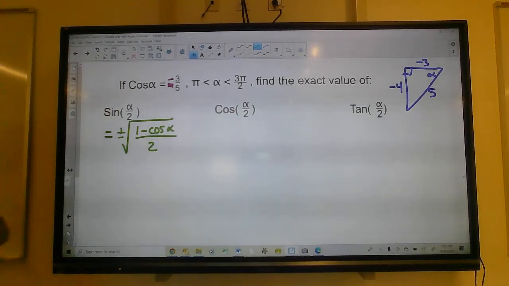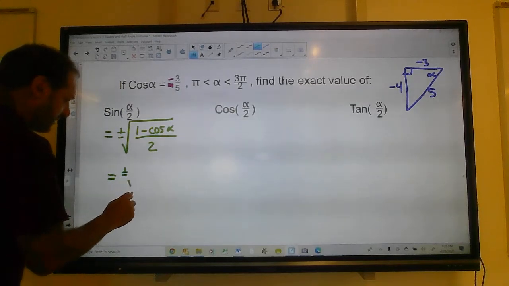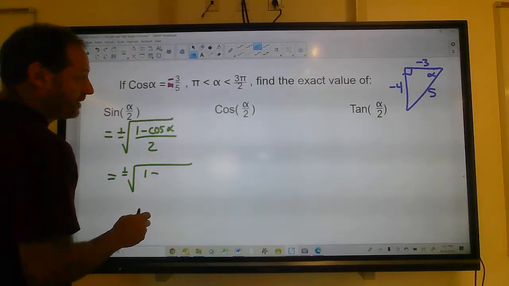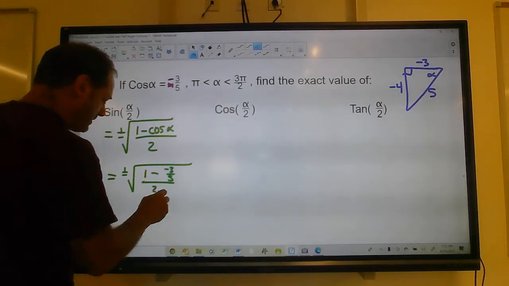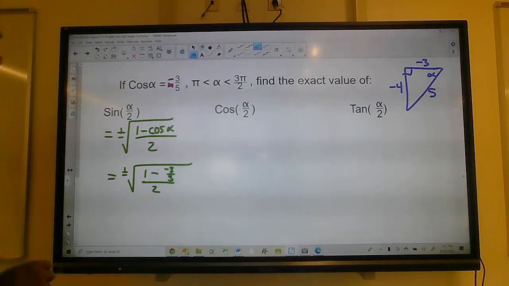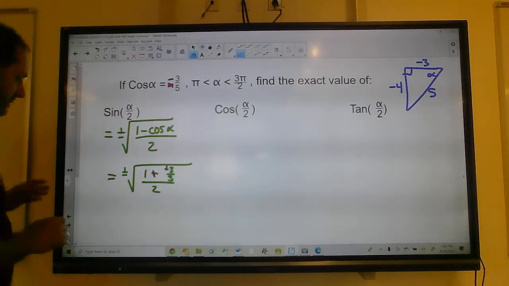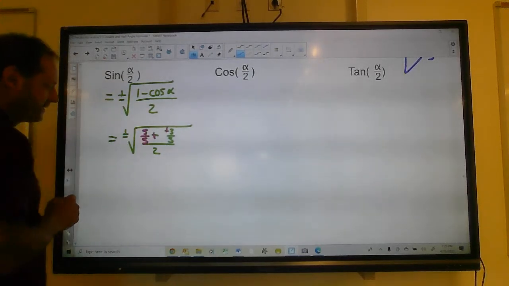All right, cosine of alpha is going to be negative 3/5, so this is going to be plus or minus the square root of 1 minus negative 3/5 over 2. Okay, and then my negative signs cancel out here. I can think of this as 5/5.